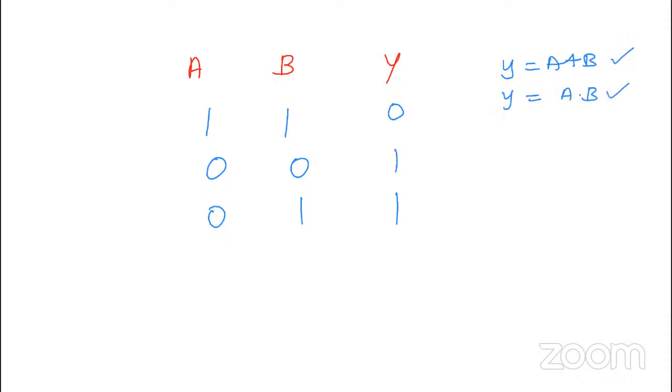It is 1, 1, 0. And here 0, 0, 1. And here it is 0, 1, 1. Right? Okay. So now you should operate either A plus B, or A dot B. This you can check it. So the inputs you can either multiply or add. Finally we get the value of Y.